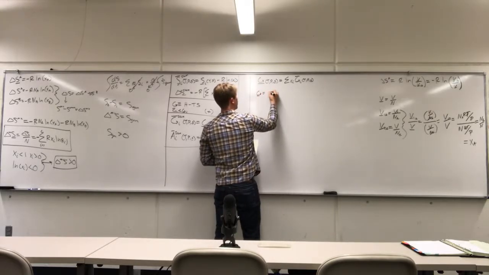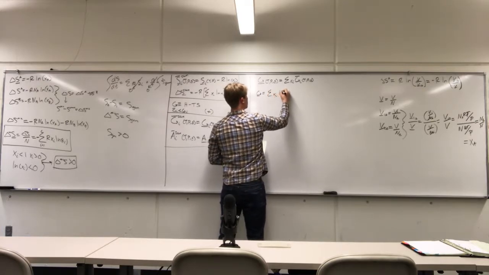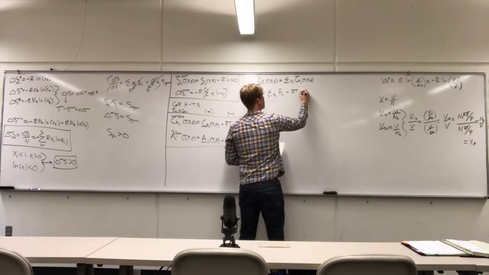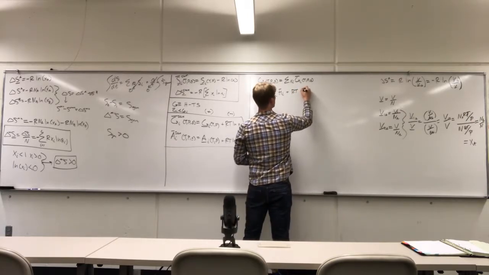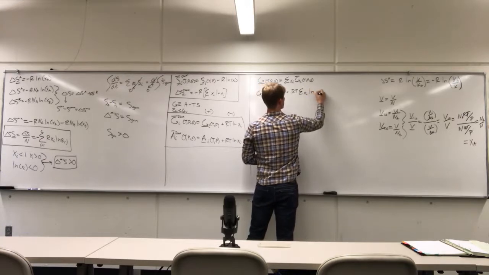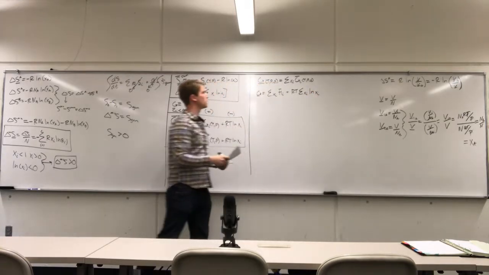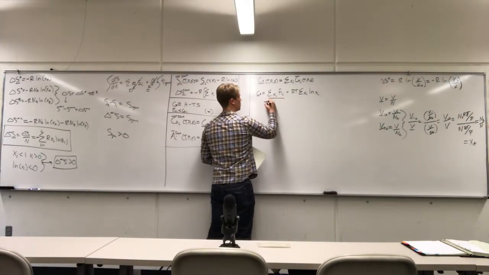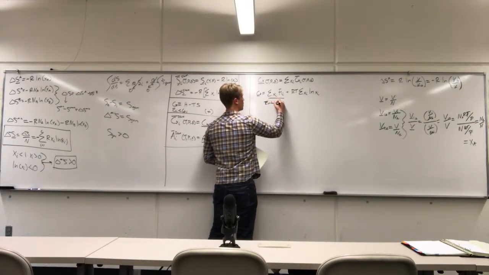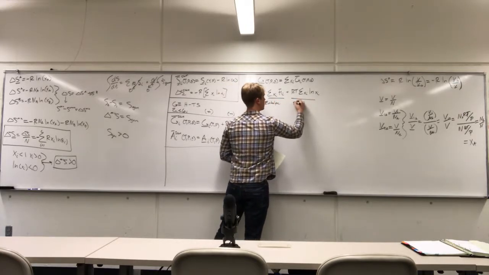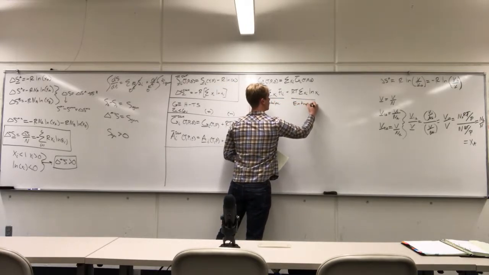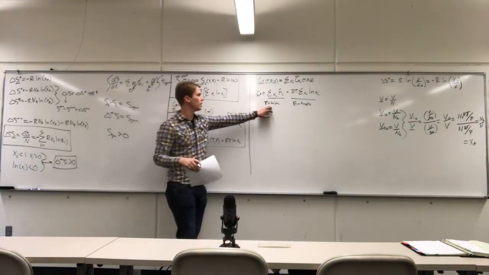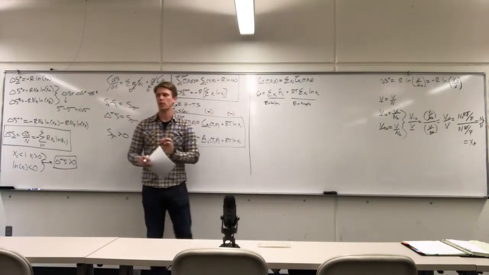The Gibbs then is going to be equal to... equilibrium then is going to be based on competing enthalpic versus entropic forces.